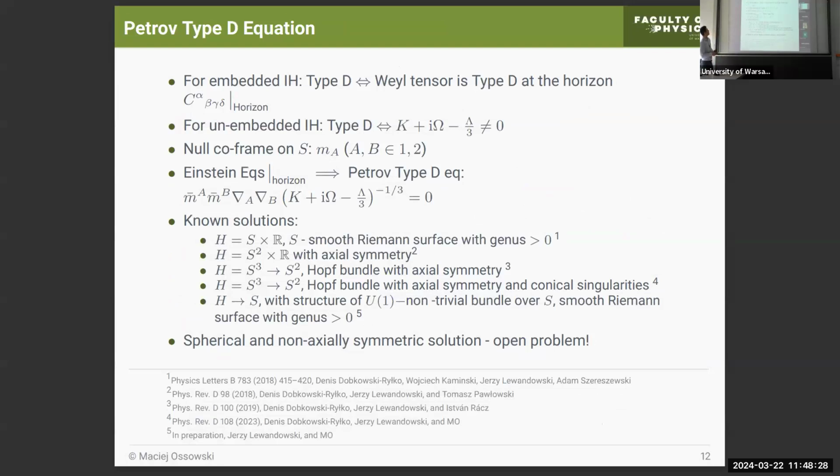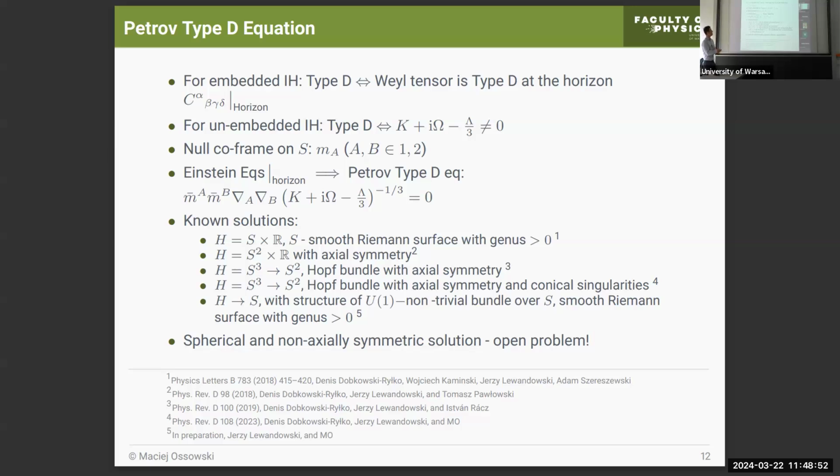Okay, so the Petrov type D equation. What is the Petrov type D equation? By the horizon being type D we would mean that the Weyl tensor for an embedded horizon is of type D at the horizon.